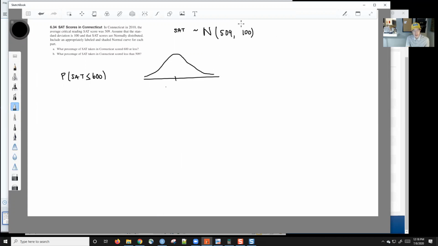Okay, so we are at 509, and we want to know what's the probability of being at 600 or less. So what is this area? Okay, so let's do this. So what is this area?